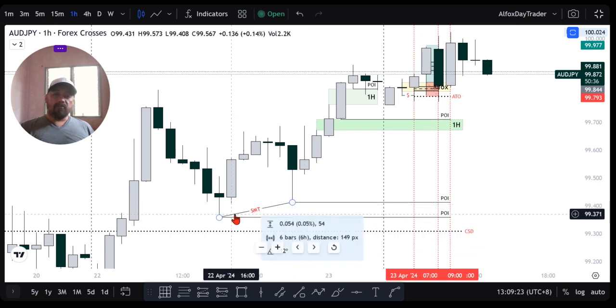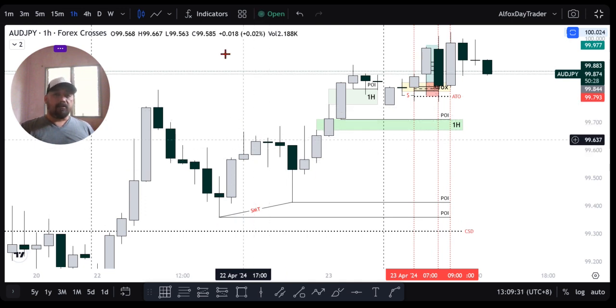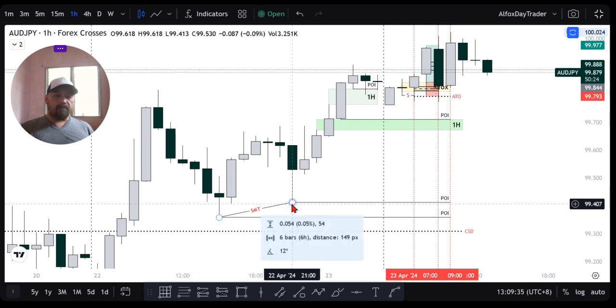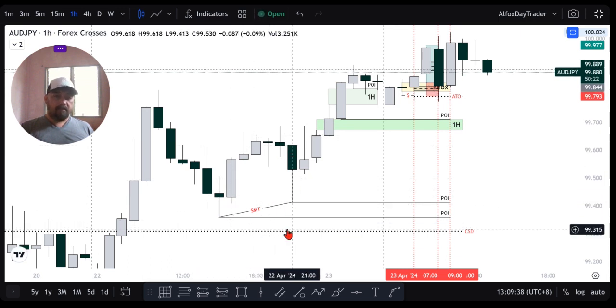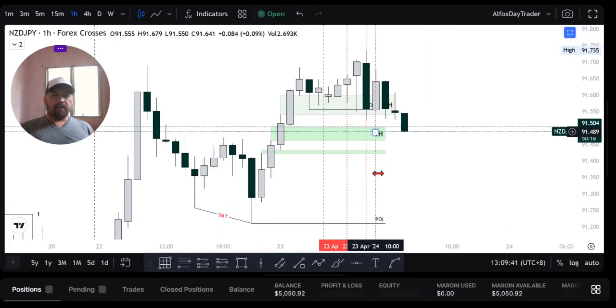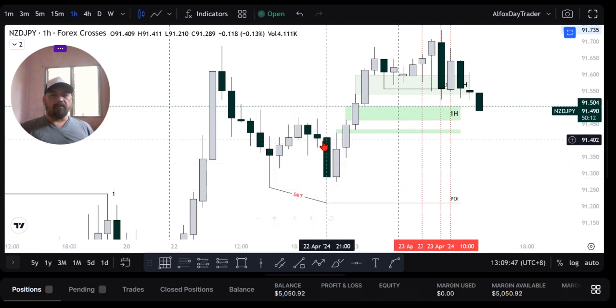Now, for those who don't know what SMT is, this is a divergence between two correlated pairs. As you can see, for Australian dollar, we have this going up. I did not liquidate this point, but if you check the New Zealand dollar, it liquidated this swing low.